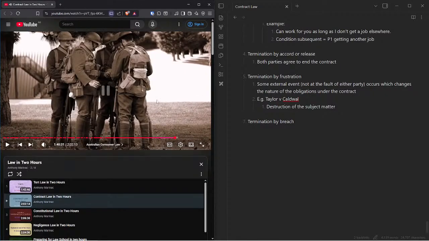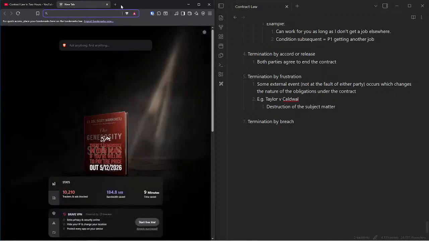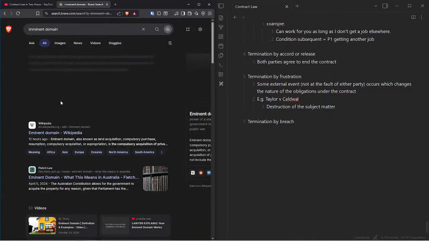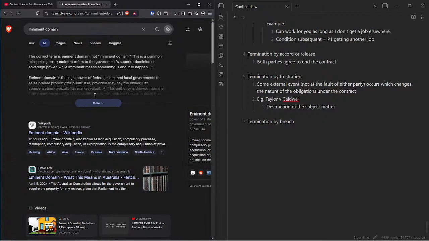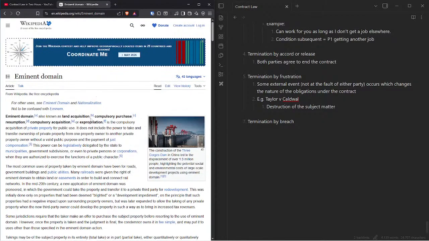I was thinking, I don't know, is it called eminent domain? Say with the lawn mowing contract example, eminent domain, where the government acquires the land. Maybe that would work, like if your house is seized or acquired by eminent domain.